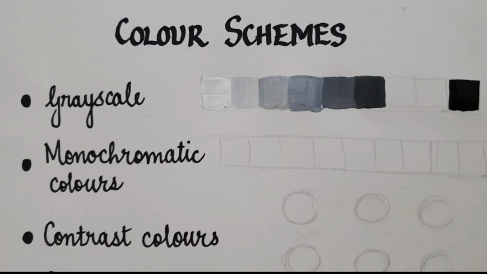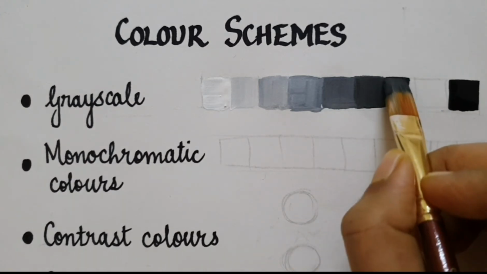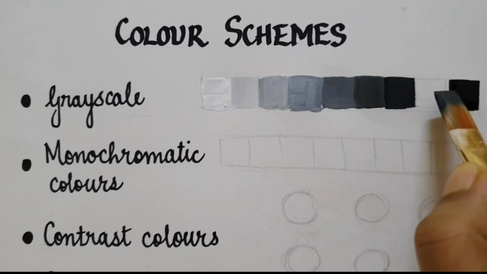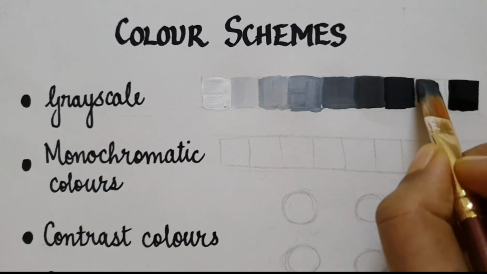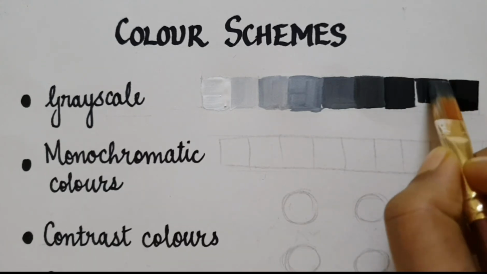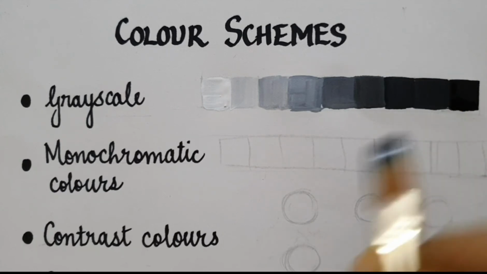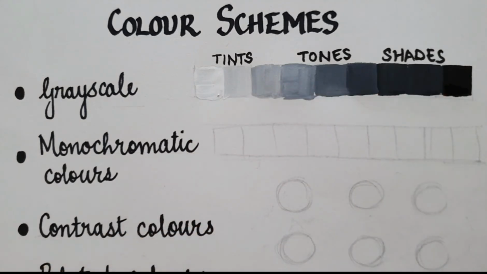Let's go ahead by making it more and more darker and fill in the gaps between the gray and the black. So now it's very clear: tints, tones and shades.